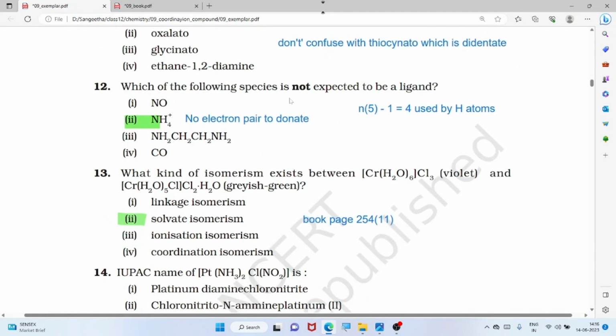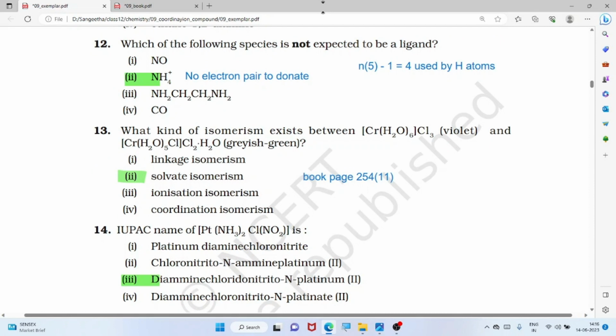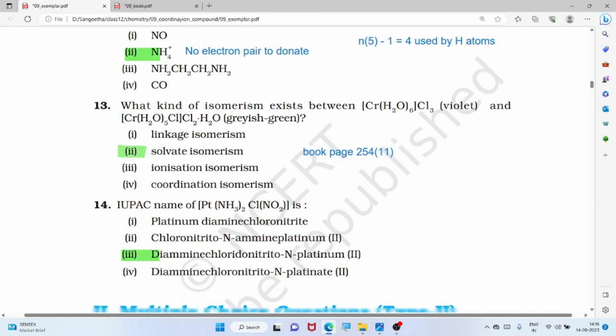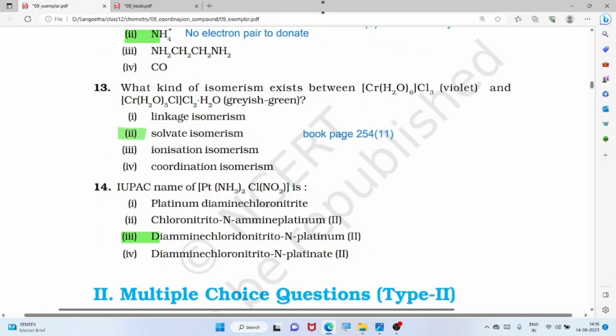Which of the following is not expected to be a ligand? Because it should share electrons. Nitrogen has 5 valence electrons, out of that there is already a positive charge, so only 4 electrons are shared with the hydrogens, so no electron to share, so it can't be a ligand. What kind of isomerism is between this and this?